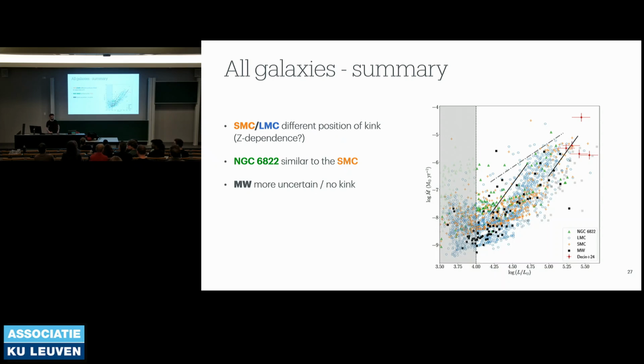So if you would increase the resolution of your grid, how much would that change your conclusion about the shift in the kink in LMC versus SMC? No, the shift in the kink wouldn't be affected. The points can be slightly less up and down, but the general distribution wouldn't change. Okay, thank you.